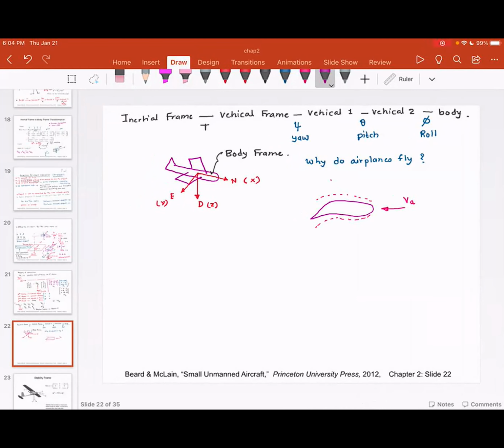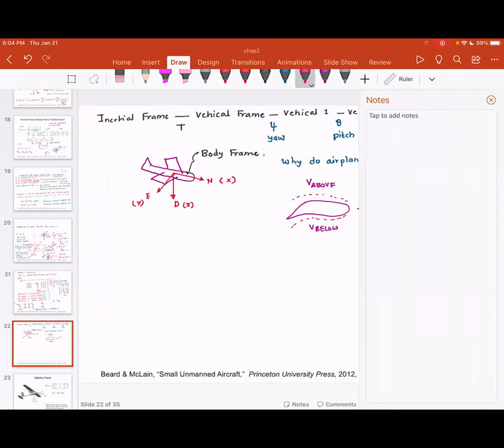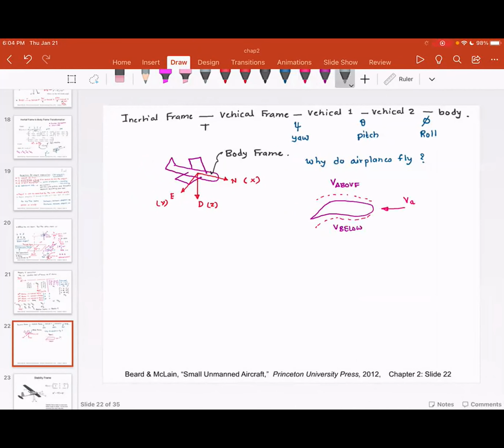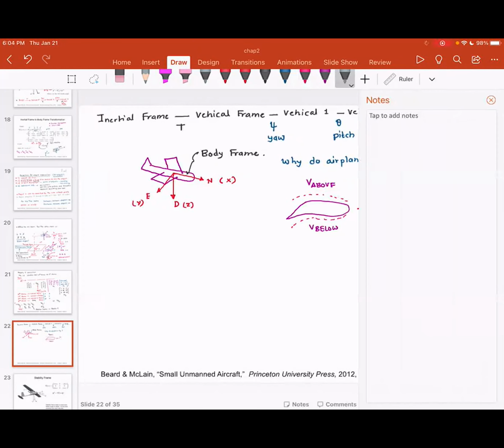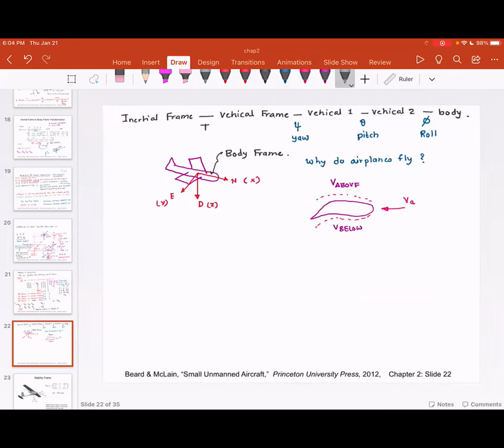For example, velocity here, I'm going to call this V above, and there is this V below. So the velocity above the airfoil is different than the velocity below because of the shape of the airfoil.